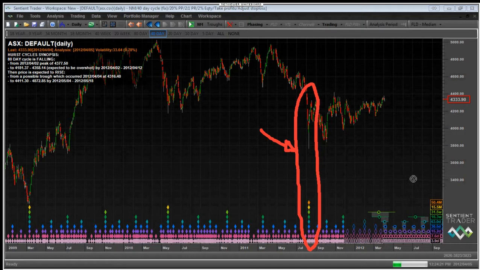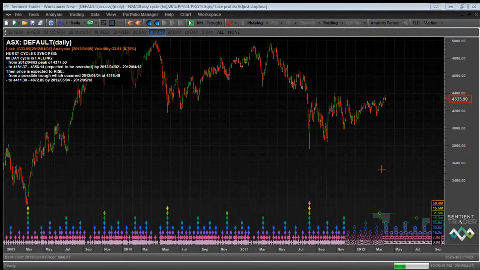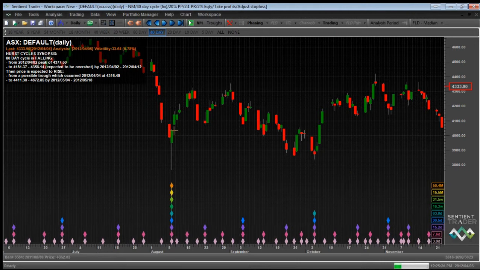So yes, that does jump out as a really prominent trough. However, there's something that really worries me about that trough, and that is that the trough is formed by one single day's price movement. Let's zoom in there and have a look at it.